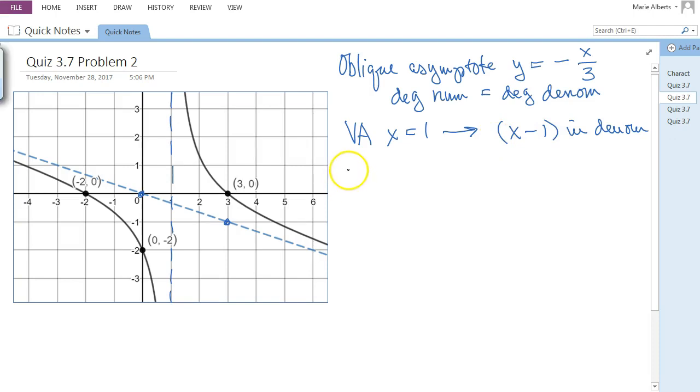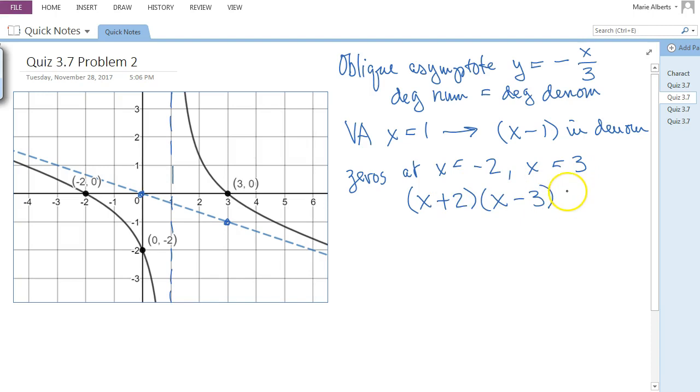The zeros of the graph at x equals negative 2 and x equals 3 say to us that we are going to have factors of x plus 2 and x minus 3 in the numerator. So let's write down that much.